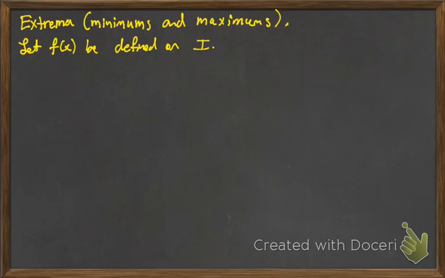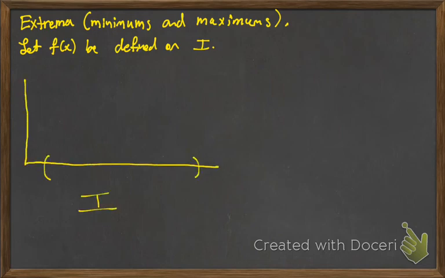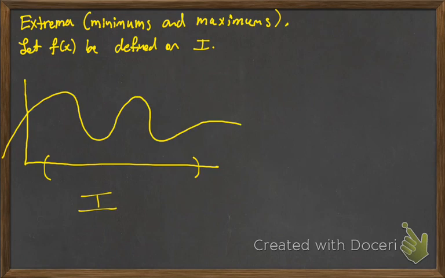Okay, so extrema, that means minimums and maximums. So we're going to let f of x be defined on I. We're assuming I is an interval. Okay, so here's our interval I. Then we'll draw some function there. So intuitively, there's about a max, there's about a min, there's about a max, there's about a min. Okay? All right.